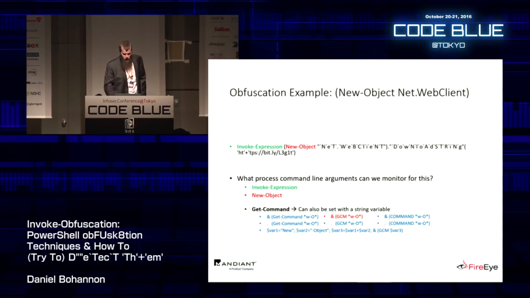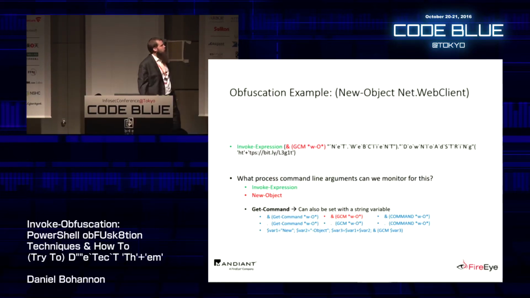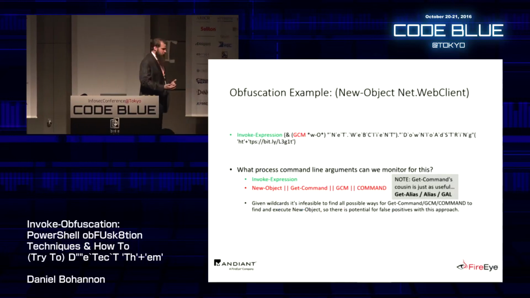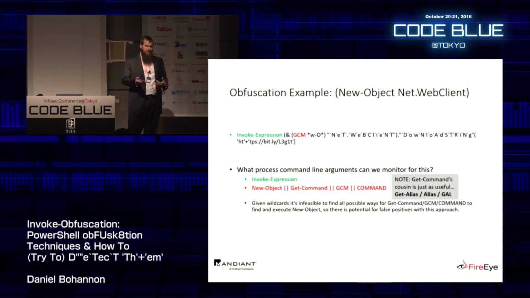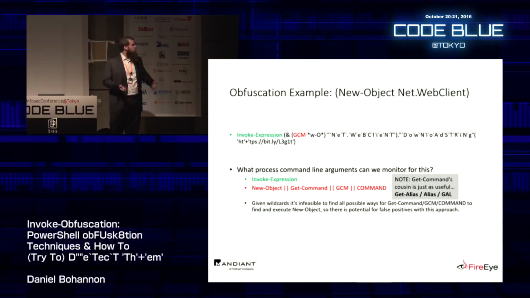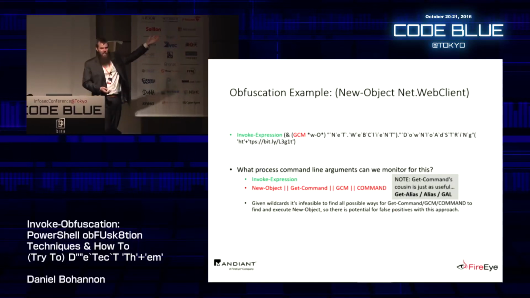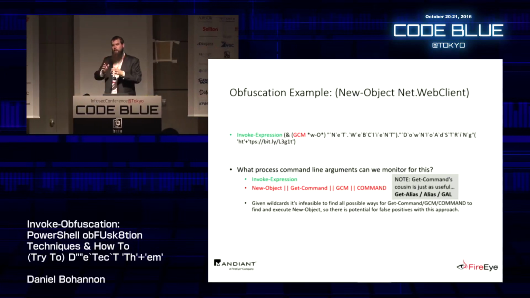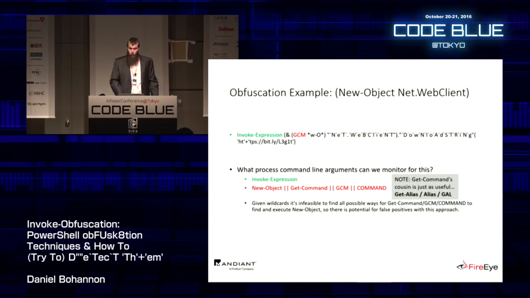Let's go with GCM. So that's new object now. So we're left with just invoke expression. And I should say, in addition to get command, we can do the exact same technique with get alias, alias, and gal. Only we're dealing with the shortened alias, not the full command name. But they still work.